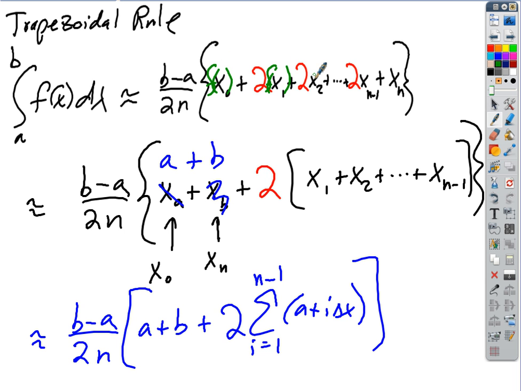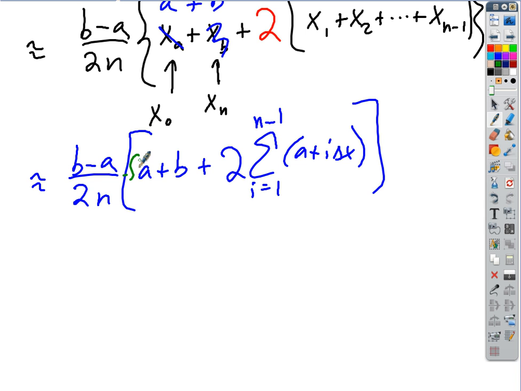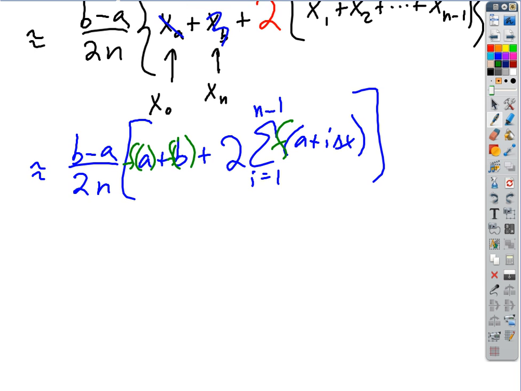Okay, so let's look at an example. Here's our trapezoidal rule. The trapezoidal rule equals b minus a over 2n, which is what we're going to plug in every time, times the quantity: the value of the function at the left boundary, plus the value of the function at the right boundary, plus the sum of all the interior values of the function.